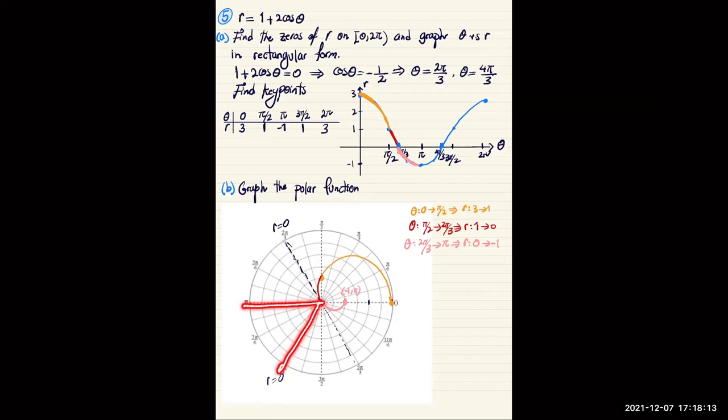Again, since r is negative, the graph is not going to be here, but instead, the graph is going to be here. Okay, so not there, but the opposite vertical side of that angle. Okay, so this piece corresponds to this piece of the polar graph.